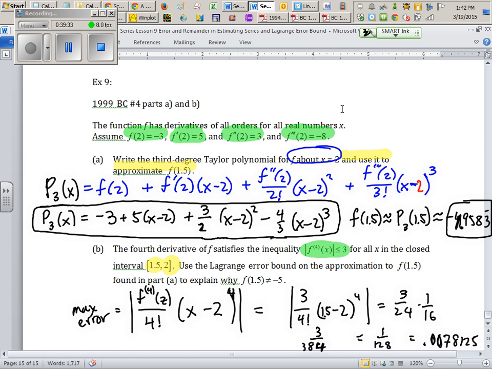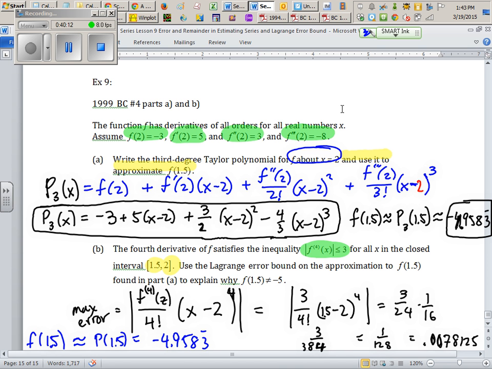Okay? So going back to what we said earlier in part A, f of 1.5 is approximately P of 1.5, which we calculated earlier to be negative 4.9583. Now, if I have an error of 0.0078125, I could either add that or subtract that to this negative 4.9583.